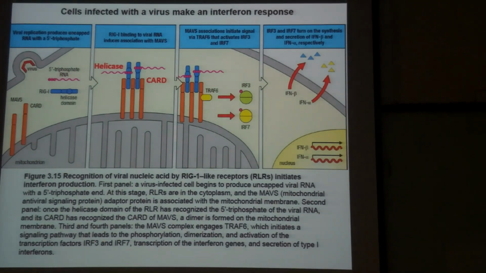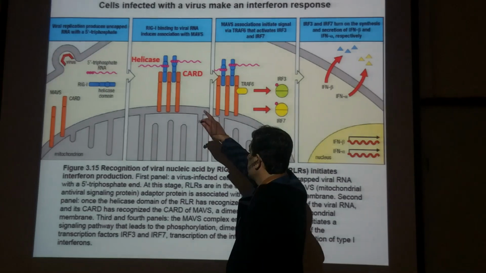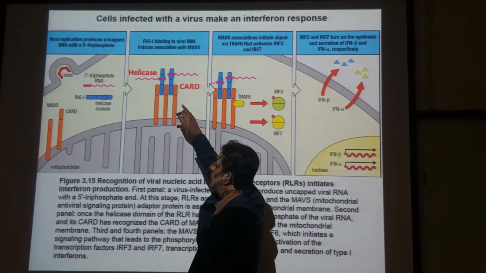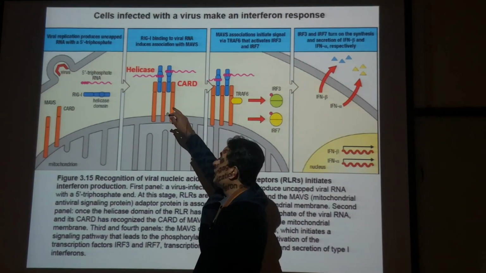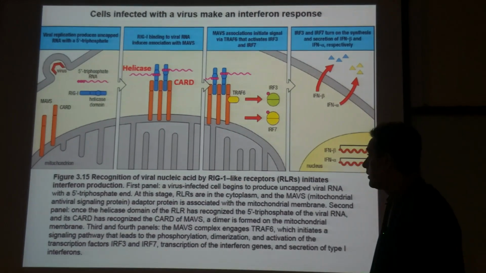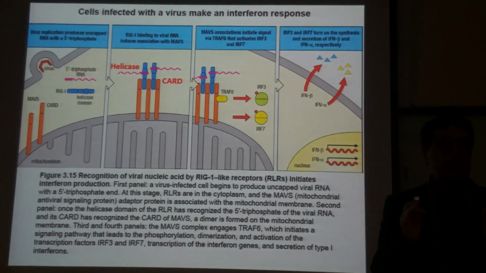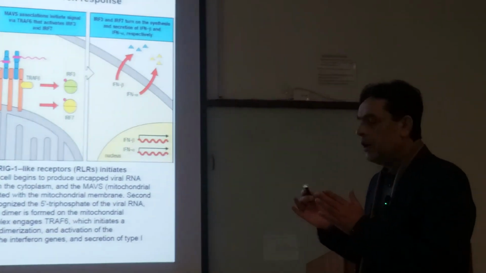And both the RIG1 receptors are bonded to the 5' triphosphate RNA right at this spot where the triphosphates are, with the helicase domain of the RIG1 receptors. And now this is the perfect activation signal to start this signaling for the making of different interferons.